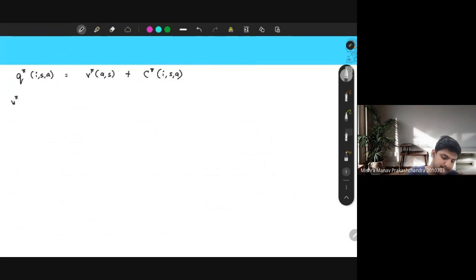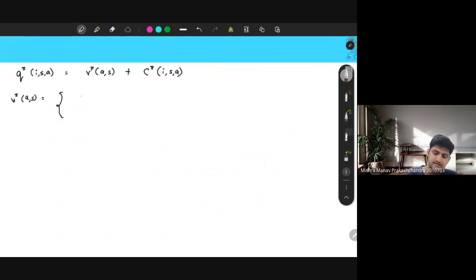Here my v pi of a given s is simply q pi of a comma s comma pi_i of s, or rather pi_a of s, if a is non-primitive.